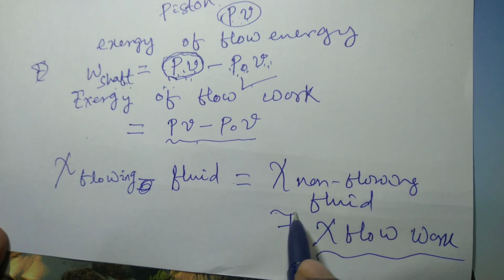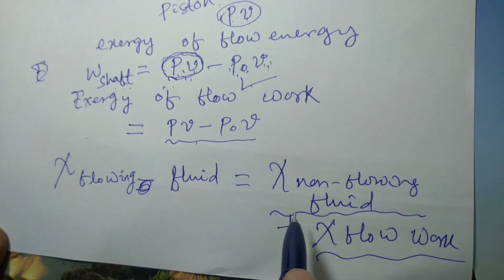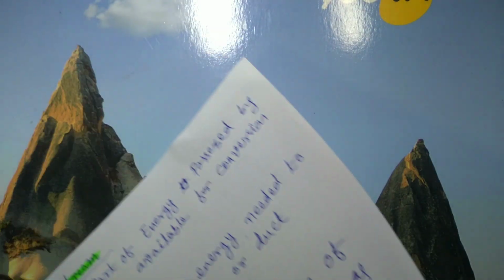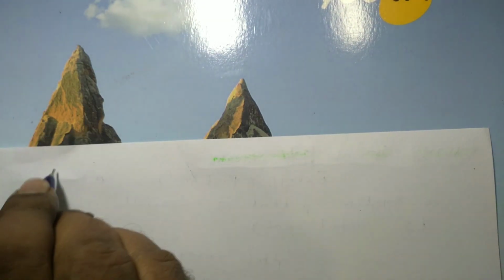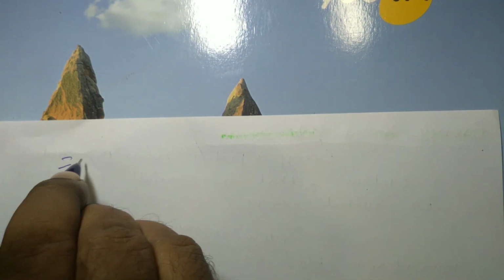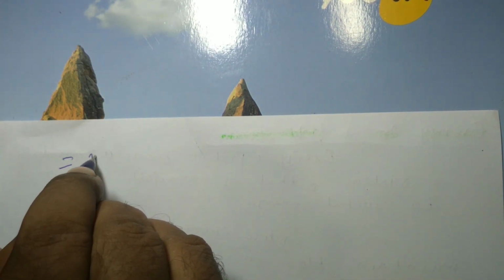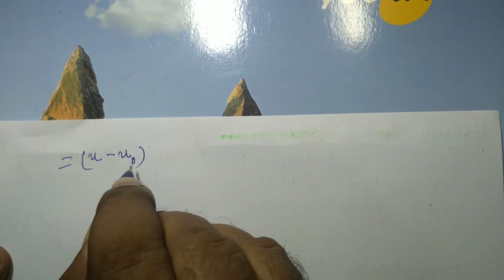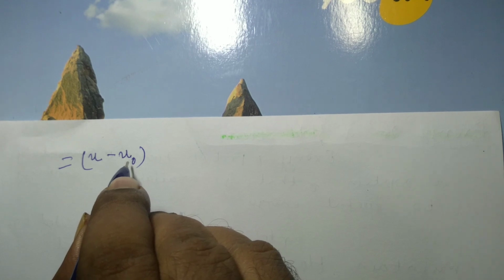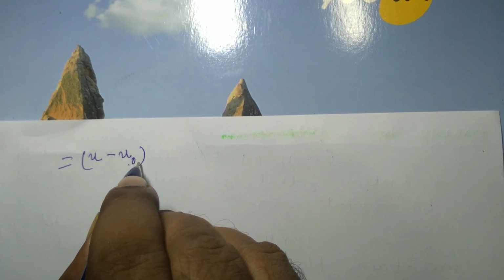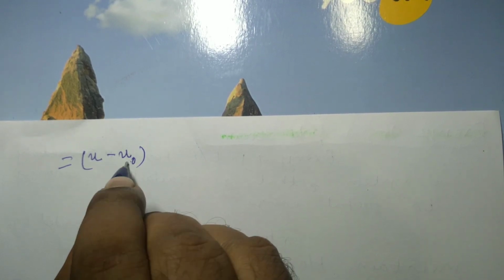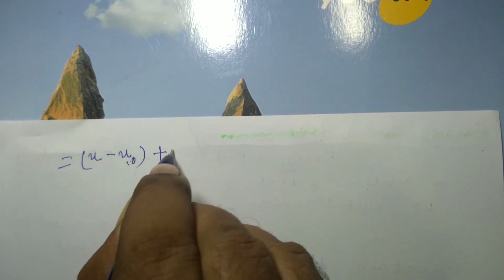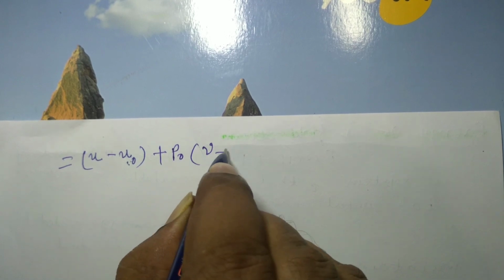And for the exergy of a non-flowing fluid, we have already derived an expression for a non-flowing fluid or closed system in the previous class. And that, per unit mass, we know is nothing but u minus u0, where small u is the molecular internal energy, and u0 is the molecular internal energy possessed by the system at dead state. That means when the system comes in equilibrium with the surroundings, plus P0 multiplied by v minus v0.